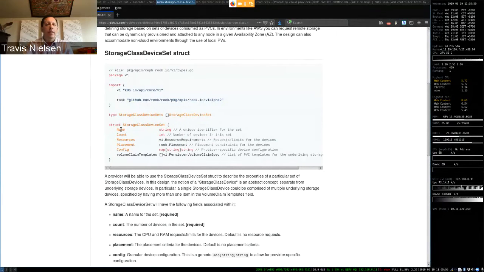Well, what I said is that if the size of the devices is different, you may want different resource requirements. But I don't know why you would create device sets with devices of different sizes just to be consistent. Although, we don't know what environments people will be running this in.